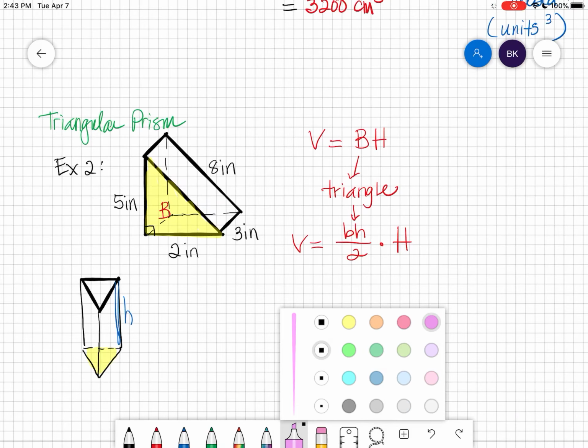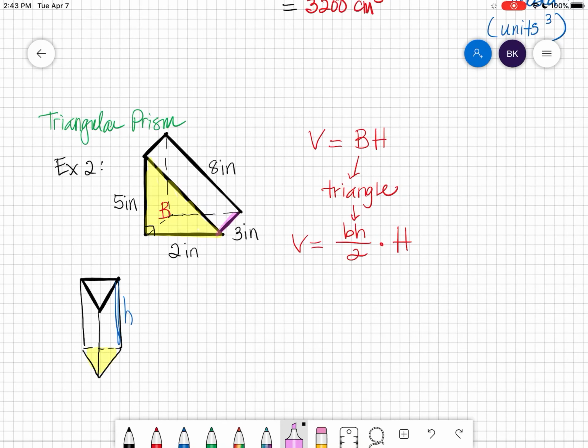Please understand that if you flip the shape on its base, this side right here will be your height. Ladies and gentlemen, this is going to be your height. And remember that the height is always perpendicular to the base. So if you turn the shape, you'll see that it is turned on its side.